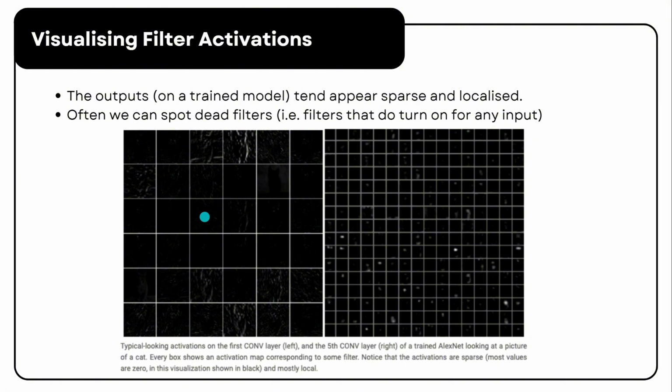In a typical CNN, we might have 32 or more filters in the first layer alone. So what you are seeing is how each of those filters activates when applied to the input image.